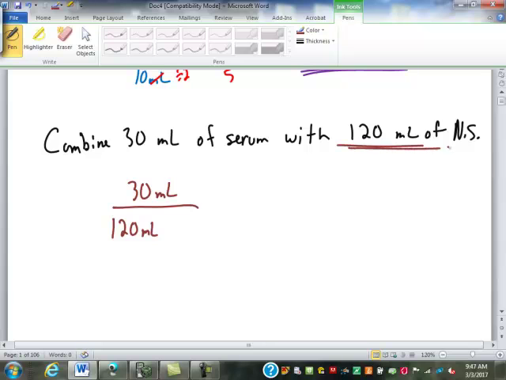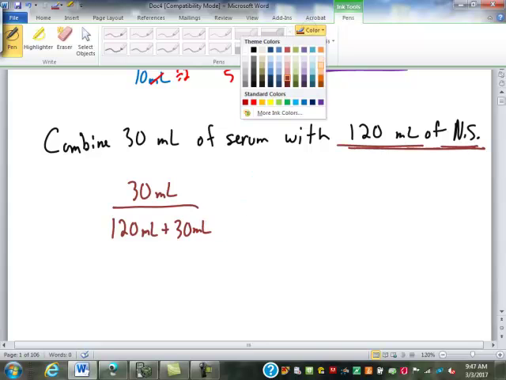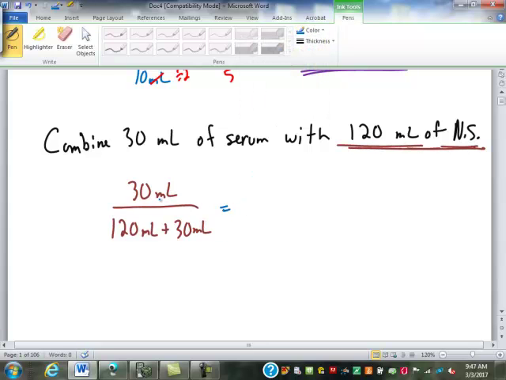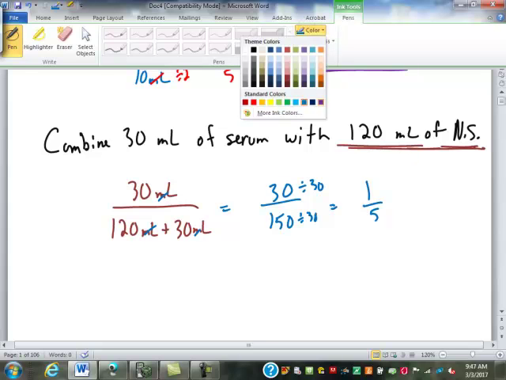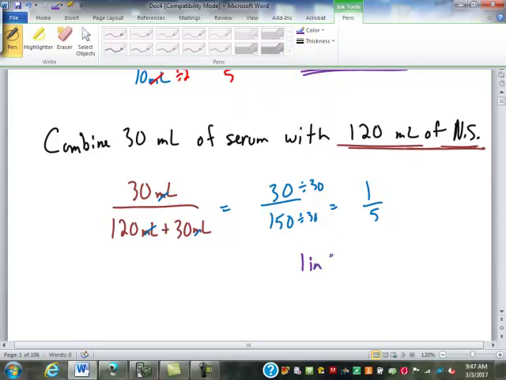We had the 120 milliliters of the water that is added to the 30 milliliters of the serum. So we have to add those together. So the milliliters still cancel out, but this is 30 over 150. Both of those will divide by 30, giving me 1 in 5 again. So this is also a 1 in 5 dilution.